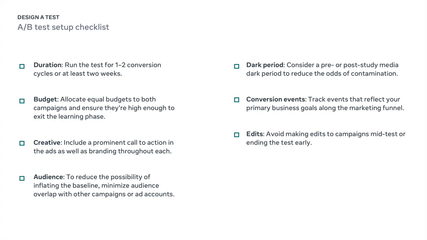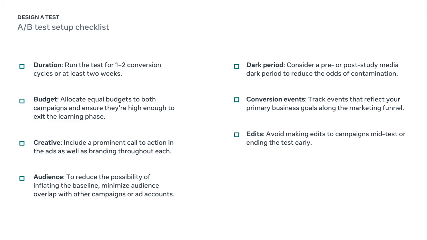For the creative, include a prominent call to action in the ads as well as branding throughout each. Audience. To reduce the possibility of inflating the baseline, minimize audience overlaps with other campaigns or ad accounts. Dark period.